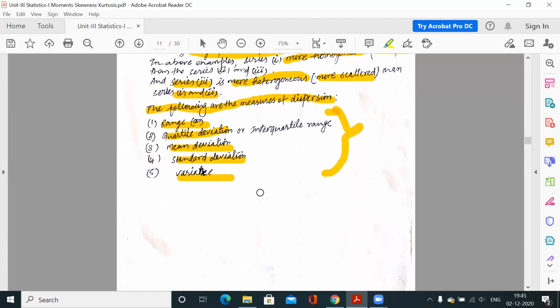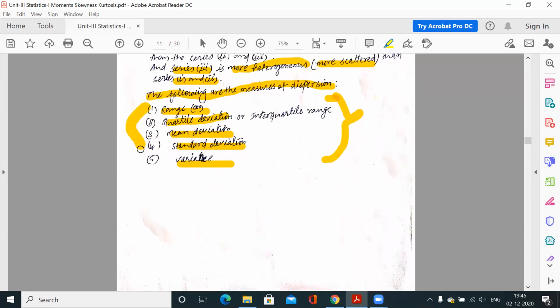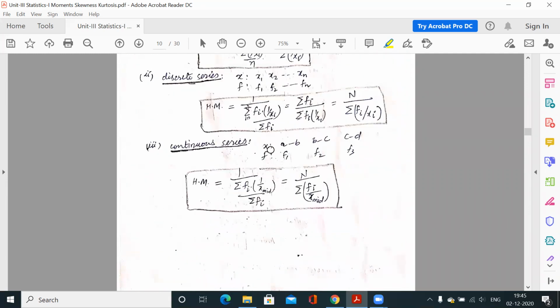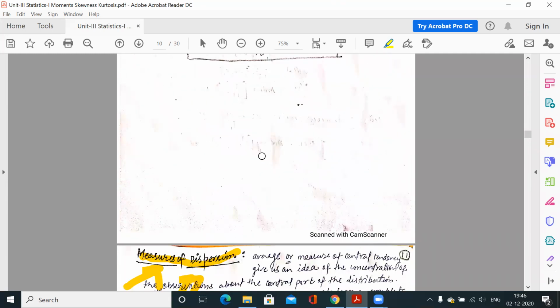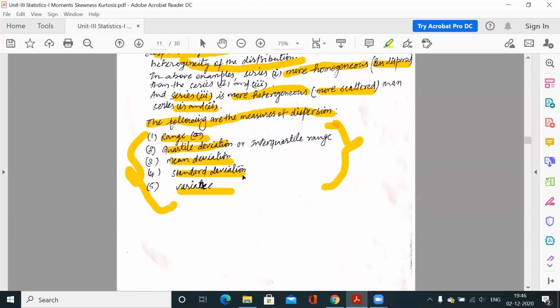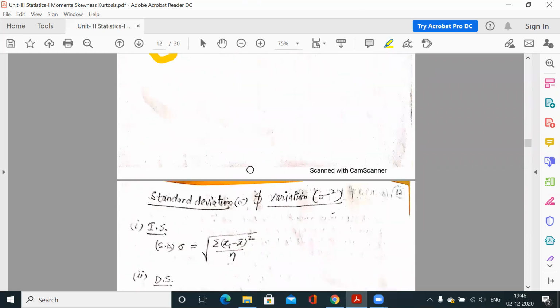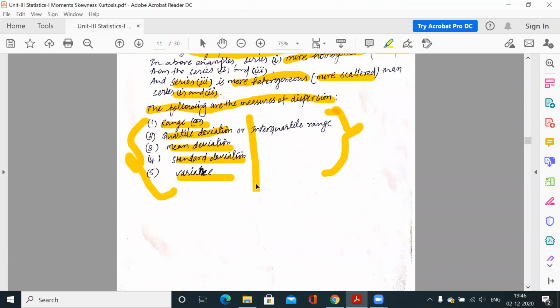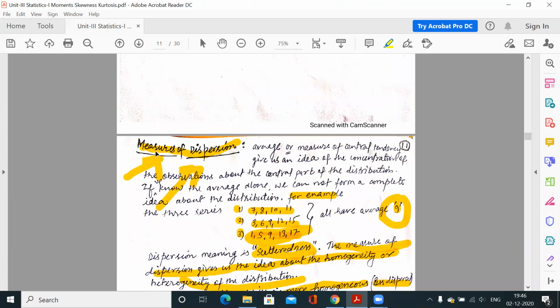For the measure of dispersion, you can search; the formulas are very much similar to the measure of central tendency. Simply search the formula and apply it to the given question. But here I'm not going to discuss all the formulas. Why? Because this topic is not directly in your syllabus.